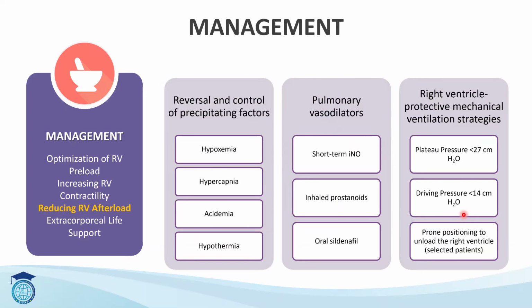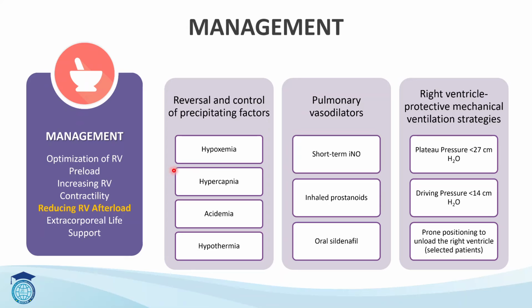The third principle in management is reducing RV afterload, and that would be by reversing and controlling the precipitating factors, improvement of hypoxemia. Number one, as we mentioned, hypercapnia may contribute to the decreased contractility and increased pulmonary vascular resistance.